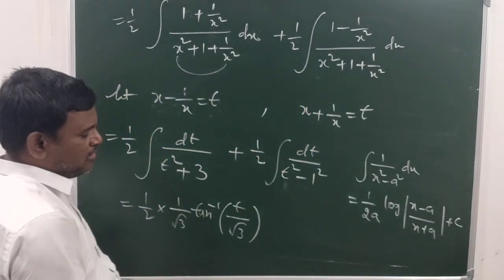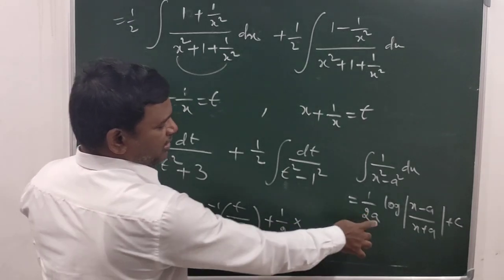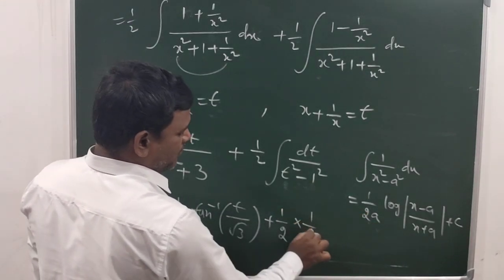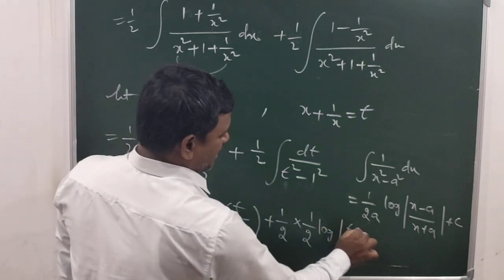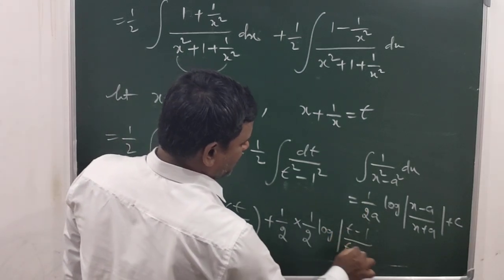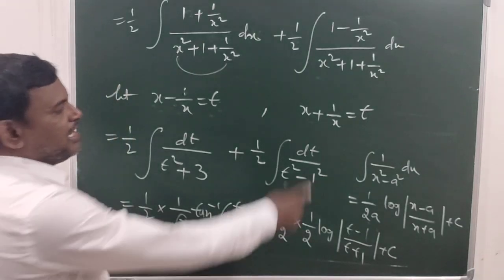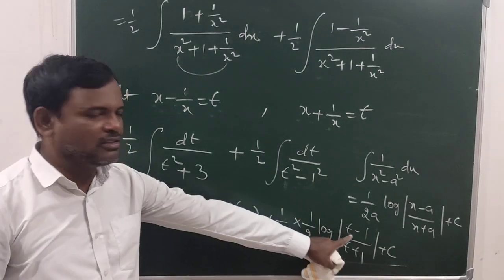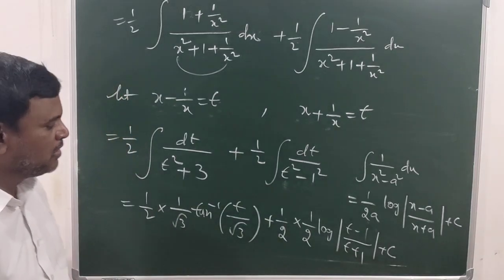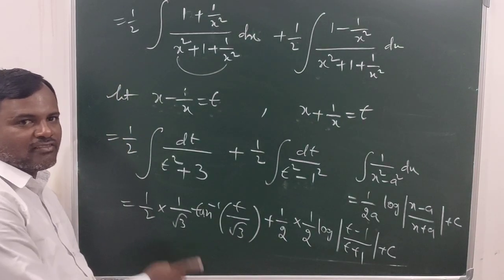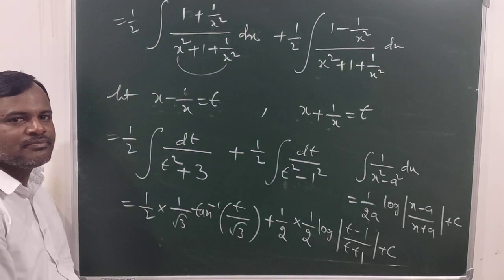Apply that formula so that you will get 1 by 2 into 1 by 2a, a value 1. 1 by 2 log mod t minus 1 by t plus 1 plus c. In the place of t, write x plus 1 by x minus 1 by x plus 1 by x plus 1. So this will be your required integral value of the given function.